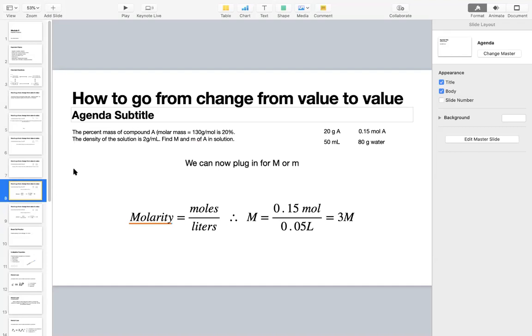So we assume that we have 100 grams of the solution. Given the density, we know that for every 2 grams, we have, oh, okay, so you just divide. Okay. Yeah.